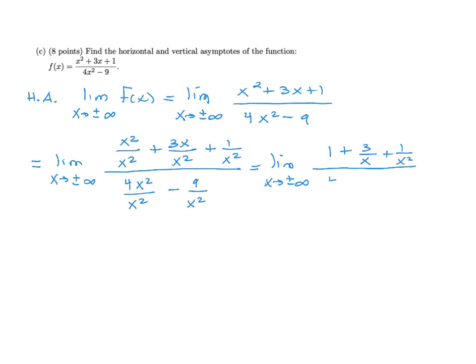In the denominator, we have 4 minus 9 over x squared. I'll note that these terms all go to 0 because we have x's in the denominator. So to evaluate this limit, it's equal to 1 plus 0 plus 0 all over 4 minus 0, which is simply 1/4. And this means we have a horizontal asymptote on this equation of y is equal to 1/4.